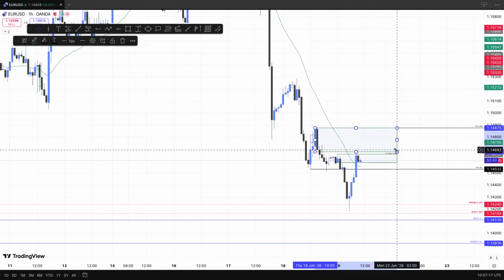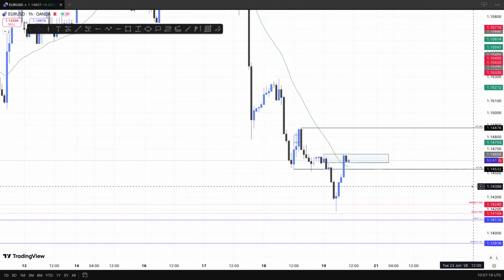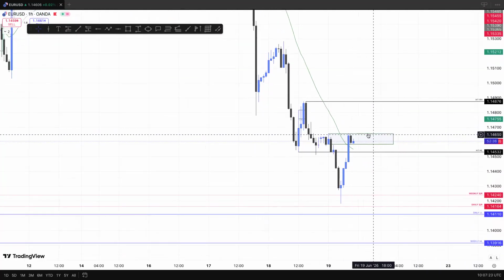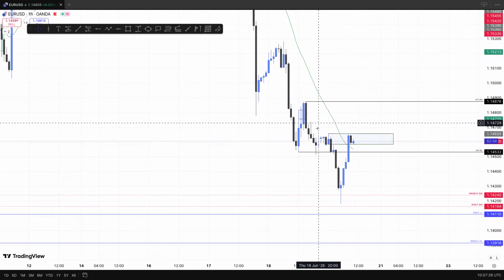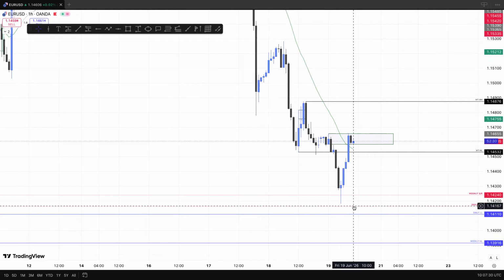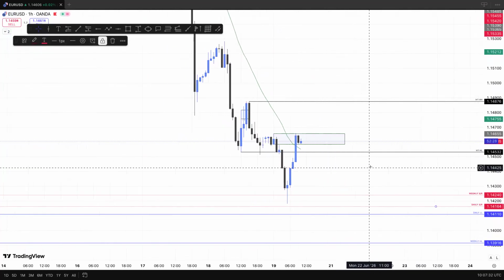So Euro USD right now is bearish, expecting sell side setups from this sell side liquidity to continue the sells into maybe this daily support or resistance.